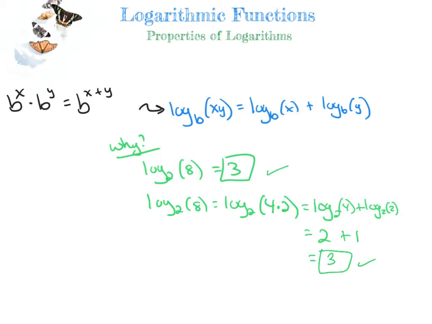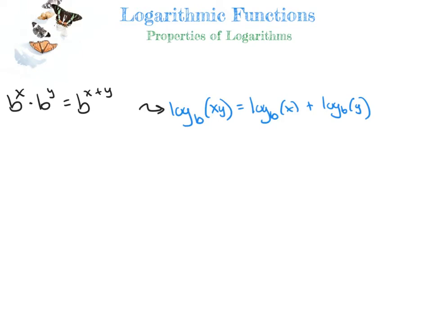Okay, before we do an example, I want to write down the second property of logs that is really closely associated with this first property of logs. So if we call this property 1, property 2 would be log base b of x divided by y is equal to log base b of x. And you might anticipate what's going to happen.